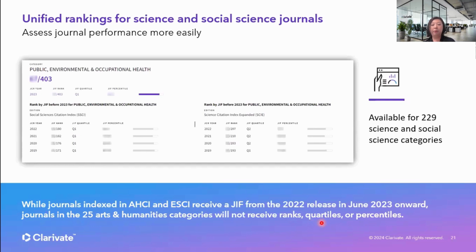So when that happens, having the quartiles and the rankings doesn't give it a lot of meaning. So that's why we've taken the decision to not have that rank and quartile for the 25 arts and humanities categories that we have. Okay.